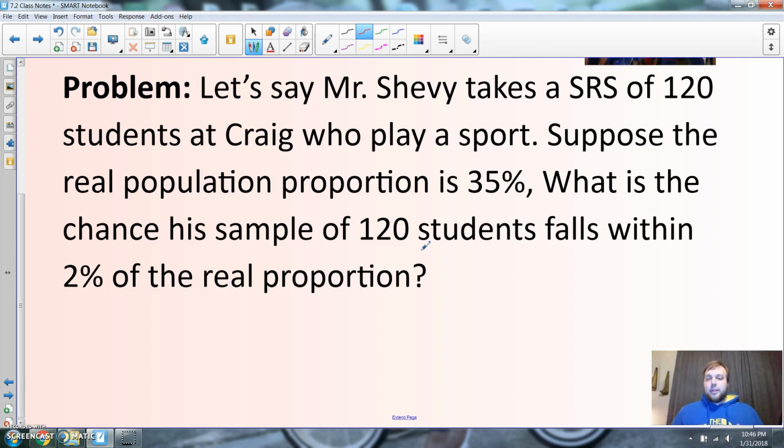What? Okay. So first of all, it doesn't say to, but let's go through the conditions. Did I meet my random? Oh, I did a simple random. Check. Did I meet my independence test? Is it less than 10% of the population? The population at Craig, I've already stated, is 1,700. So 120 is less than 10%.